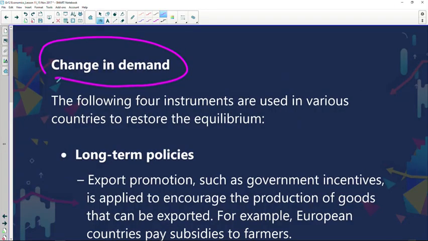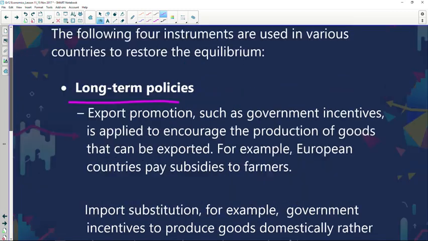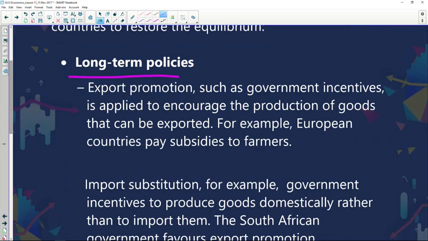You can also have a change in demand. The following four instruments are used in various countries to restore the equilibrium. First, the long-term policies: export promotion, so you promote the goods and services in your country to other countries. Export promotion, such as government incentives, is applied to encourage the production of goods that can be exported. For example, the European countries pay subsidies to farmers.